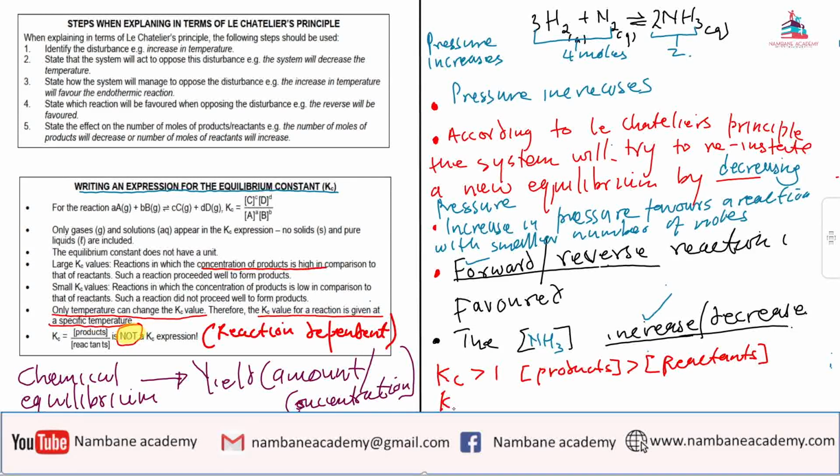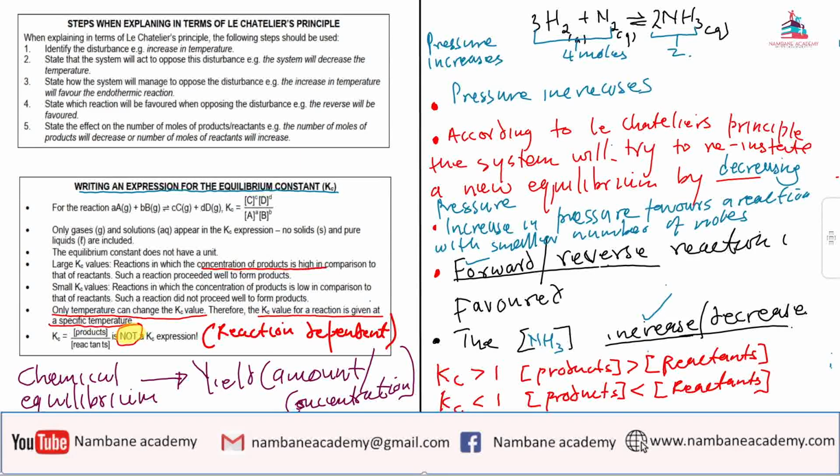If Kc is smaller than 1, then we basically say products are smaller than the concentration of the reactants. It is now as easy and simple as that. Very, very easy and straightforward. Basic.